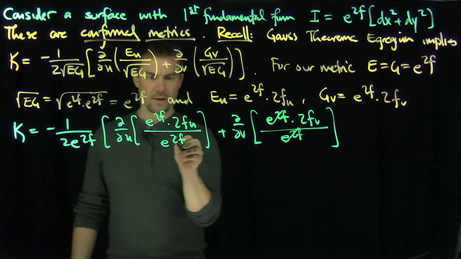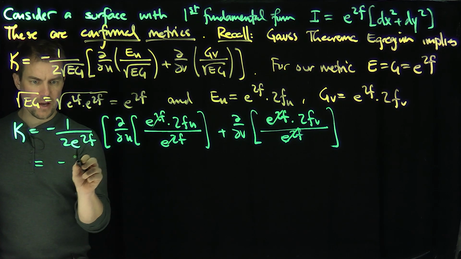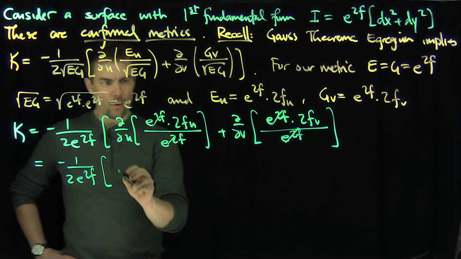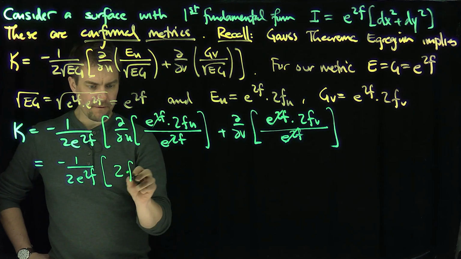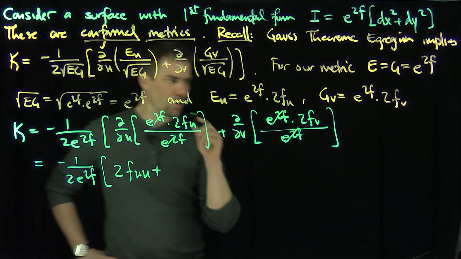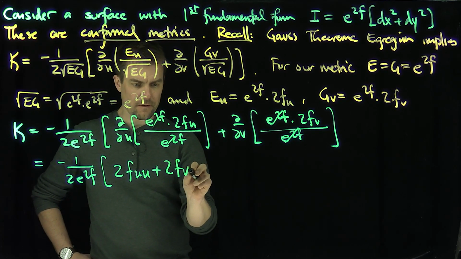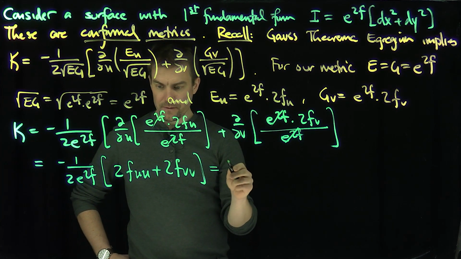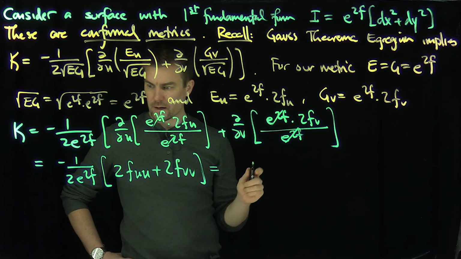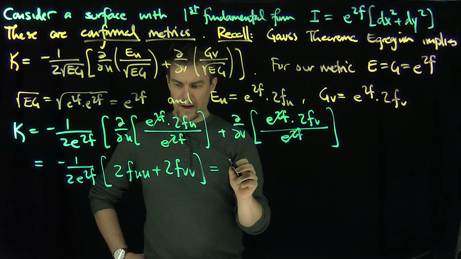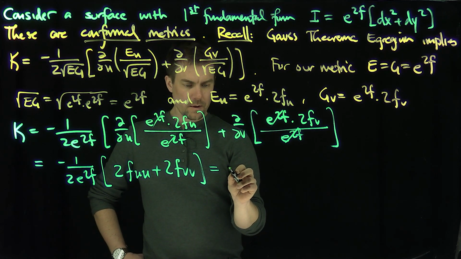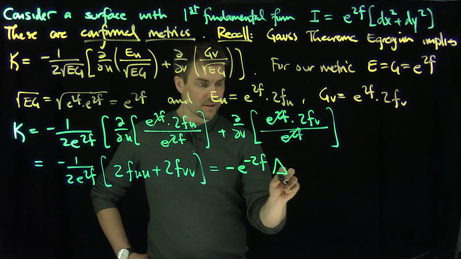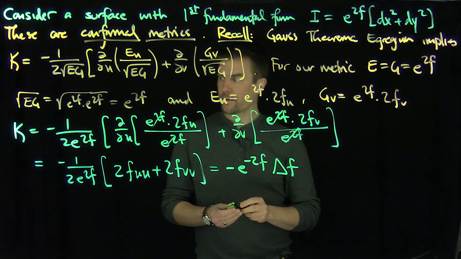Of course, the e to the 2f's are going to cancel out. And so K is going to be -1 over 2 e to the 2f, and then I'm going to have 2f_uu plus 2f_vv, like that. Of course, the 2's are going to cancel out, so this is exactly equal to negative e to the negative 2f times the Laplacian of f, like so.